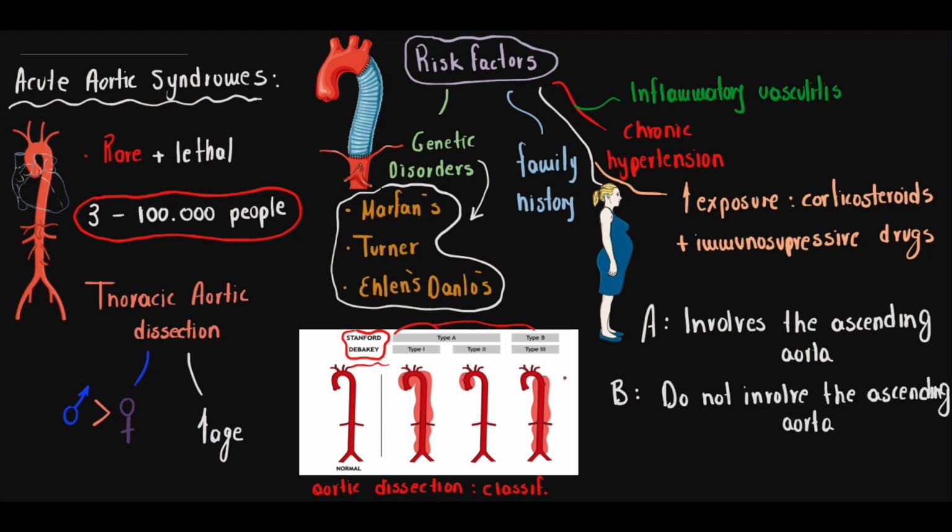Now, the DeBakey classification further subdivides Stanford type A into type A1 and type A2, depending on whether the aortic arch is involved. For example, in type A1, based on the DeBakey, we have arch involvement, but in type A2, we don't have arch involvement. So the dissection stops in the arch. The aortic dissection is acute when less than 14 days have passed since it occurred.